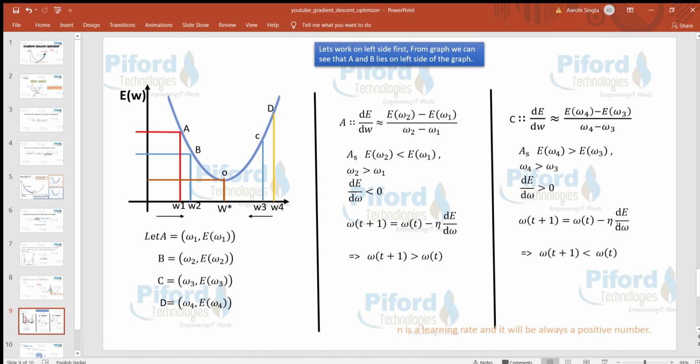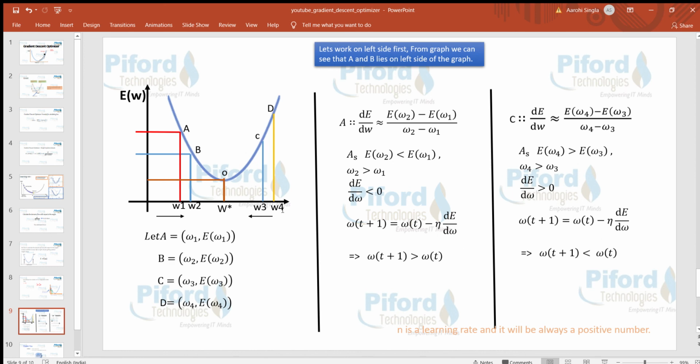On the left side, dE/dW is negative, and negative with the minus sign gives a positive value. But here, dE/dW is positive, and with the minus sign it becomes negative. So here we are getting a positive value, and here we are getting a negative value.